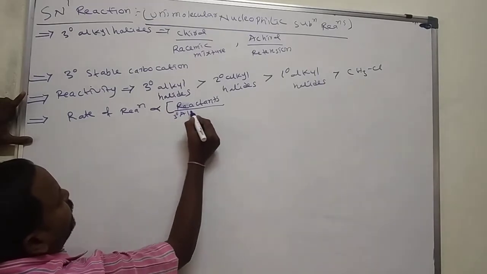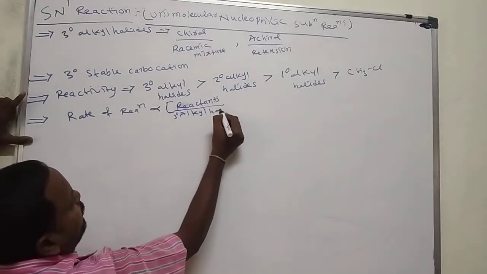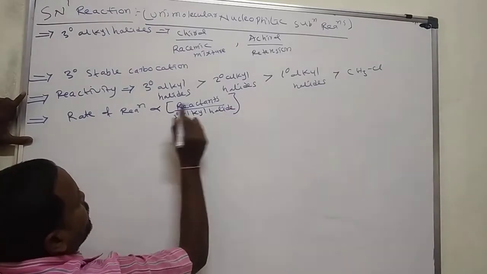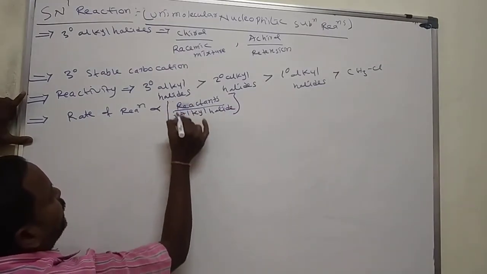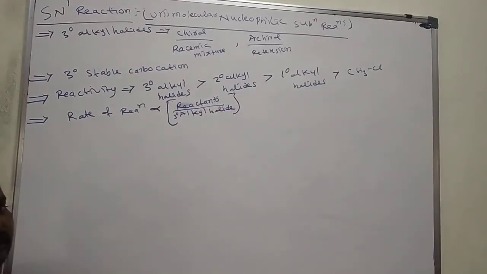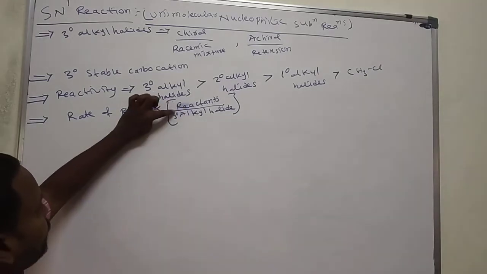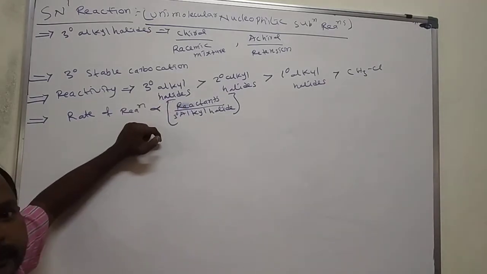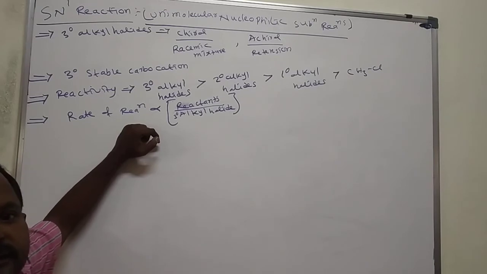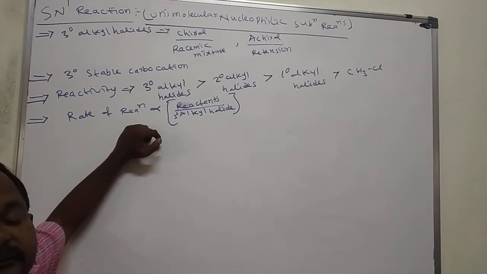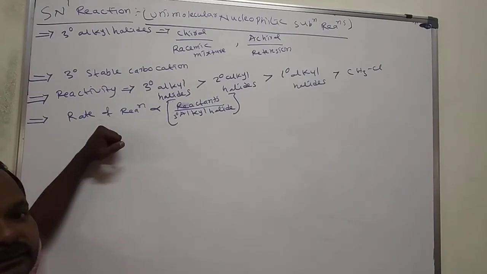Which alkyl halide? Tertiary alkyl halide. It depends only on concentration, indicated with the square bracket. What is the rate of the reaction? The completion of the reaction within a time, we call the rate of the reaction.